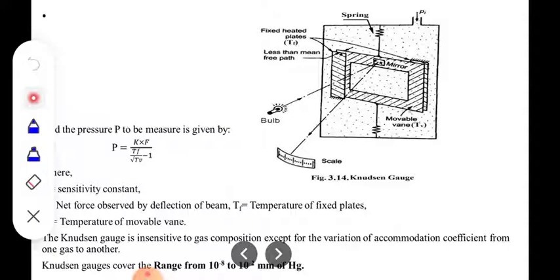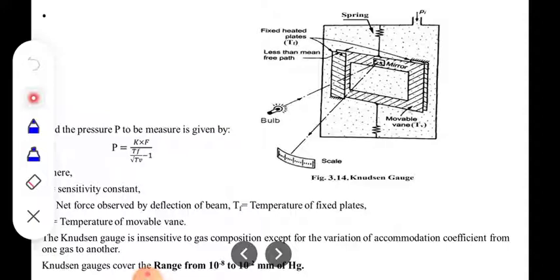The backward movement of the movable vane takes place from the left, and the forward movement of the plate from the right.